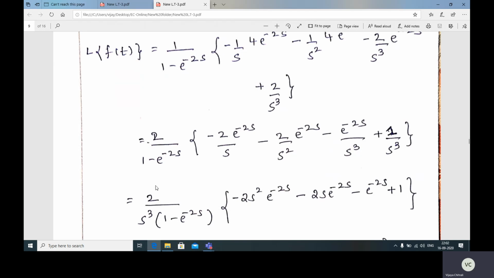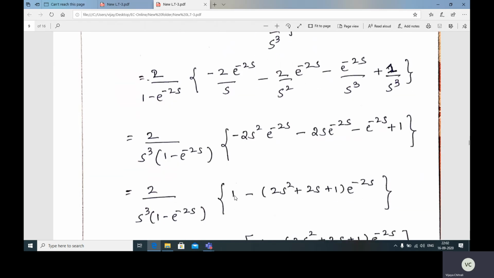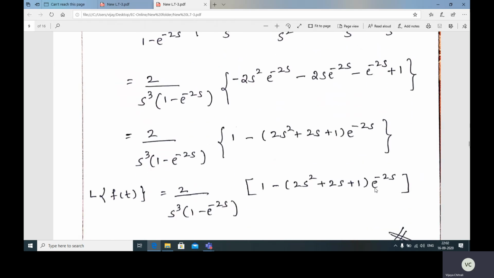So you can take here s cube as LCM. So s is there, multiply s square is there, multiply s cube is there, multiply 1 and s cube is there, multiply 1. So taking positive term as first and take minus as common. So, and we are left with what here? 2s square plus 2s plus 1 into e raised to minus 2s.